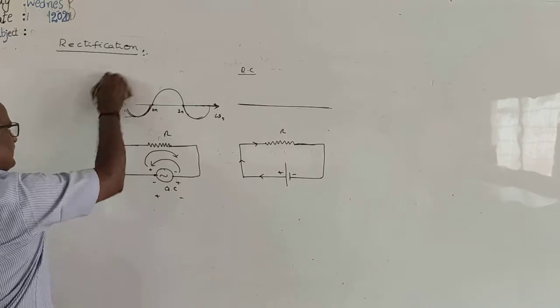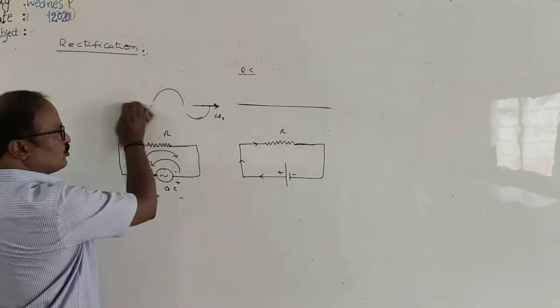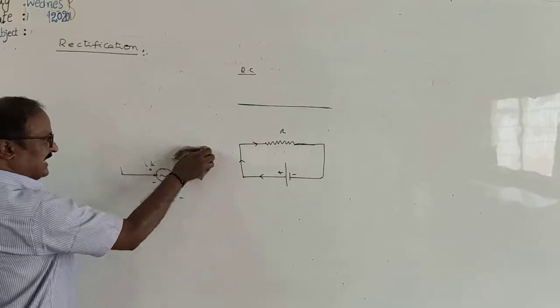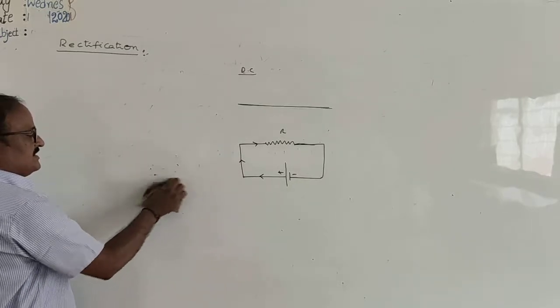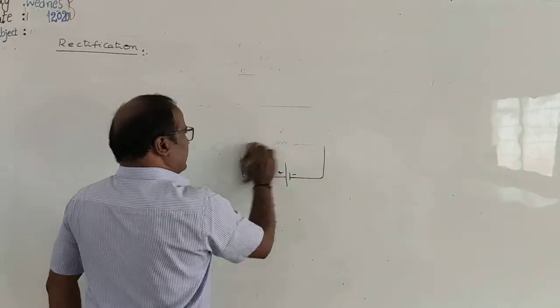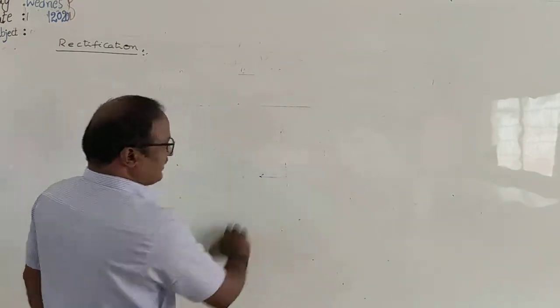Rectification means the process of conversion of AC into DC. The device used to convert AC into DC is called a rectifier. In general, there are two types of rectifiers.